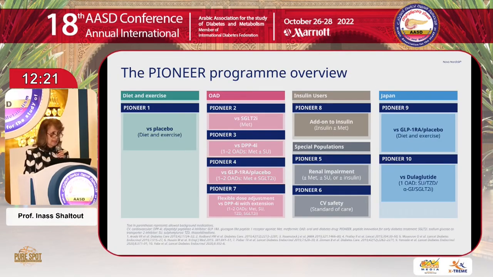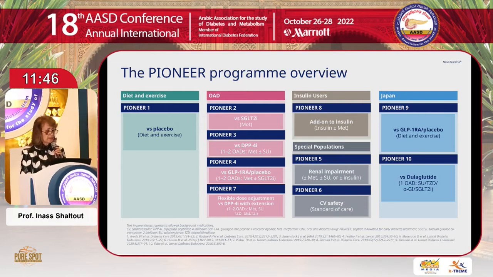The PIONEER program is the research done on oral semaglutide, and we have PIONEER 1, 2, 3, 4, 7, 8, 5, 6, 9, and 10. PIONEER 1 was done versus placebo and diet and exercise. PIONEER 2 versus SGLT2 inhibitors. PIONEER 3 versus DPP4 inhibitors. PIONEER 4 versus another GLP-1 receptor agonist.